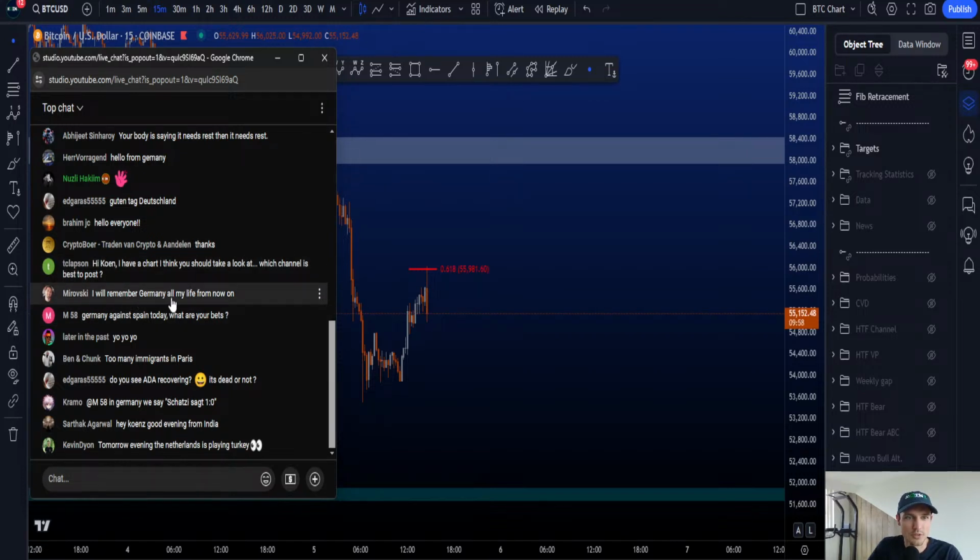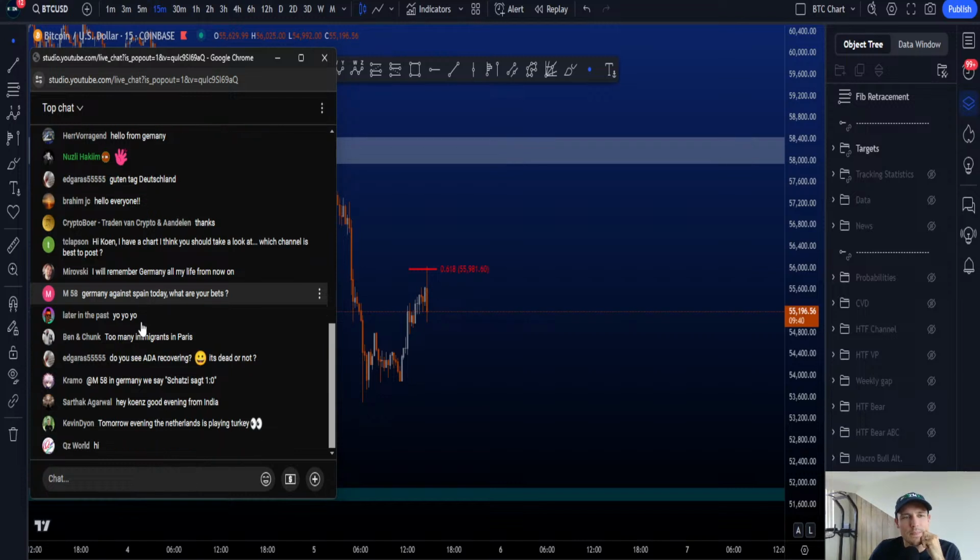Mirovsky, I will remember Germany all my life from now on. What are your bets? I don't follow soccer, really, football. So I don't know. And also it's of course not my country, the Netherlands, but Germany, Spain. I mean, I would guess Germany has strong papers, but this is purely vibe.